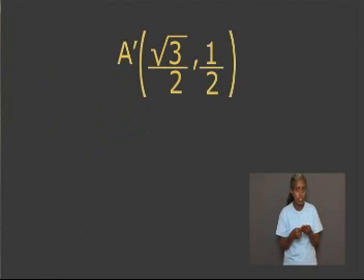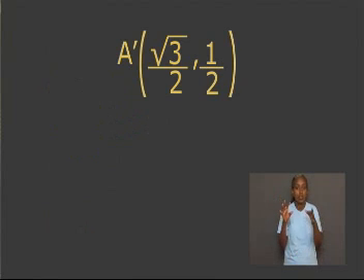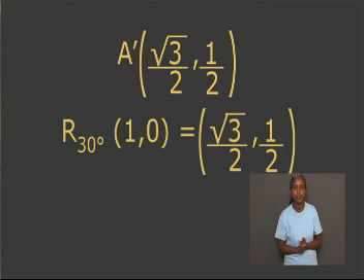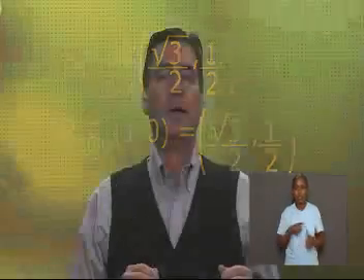Therefore, the image of point A has coordinates of the square root of 3 over 2 and 1 over 2. The transformation we just carried out is expressed this way. We have just performed our first rotation. You see, students, that rotation is not too difficult.